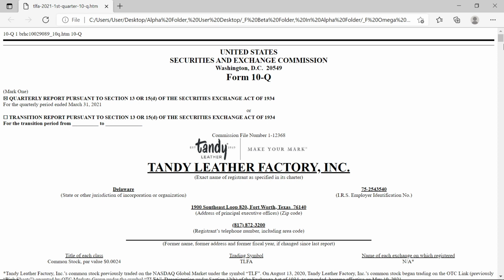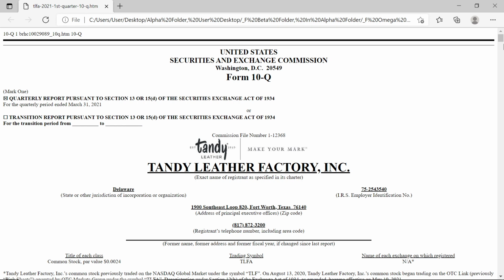The 10Q is not nearly as jam-packed with information as the 10K, which is the annual report. Form 10K is the annual report. But we will find everything in the 10Q in the 10K, so we might as well get piece by piece information here.